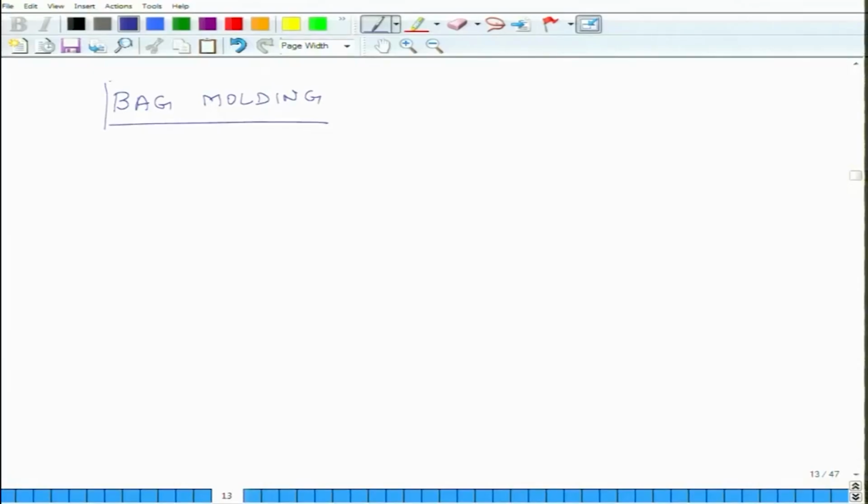Now, this bag molding process can be used if we use long continuous fibers. These fibers can be in the form of mats or rolls or tapes.